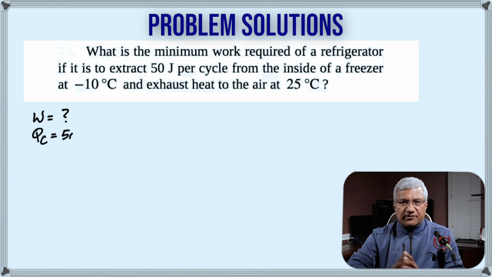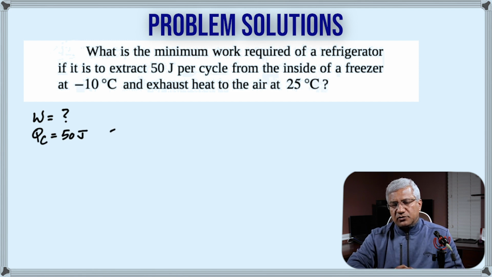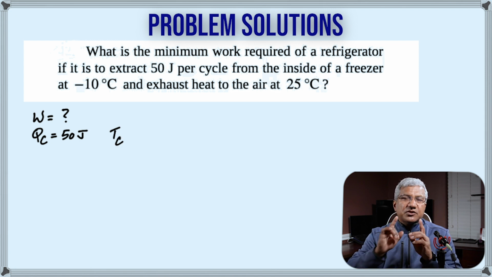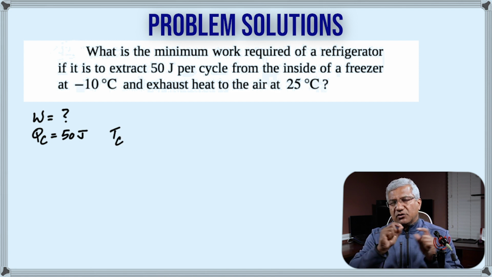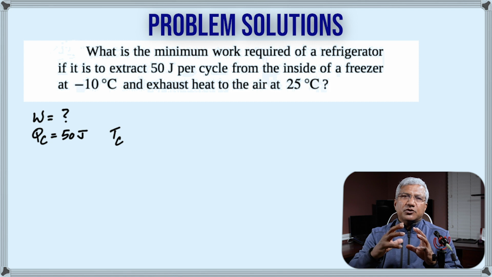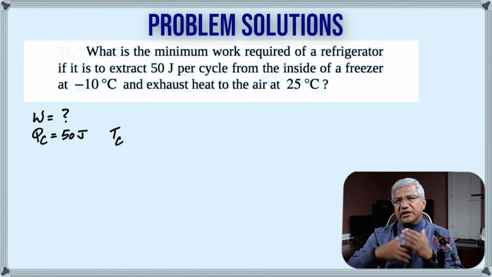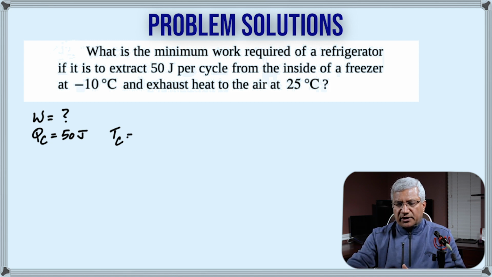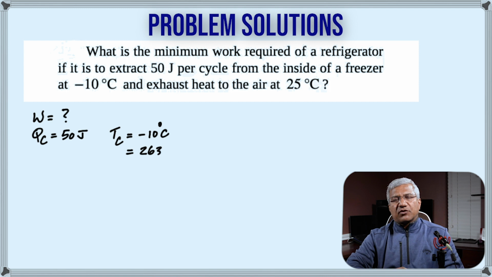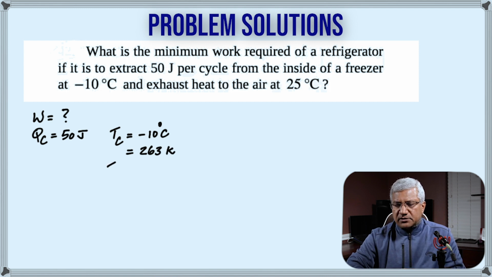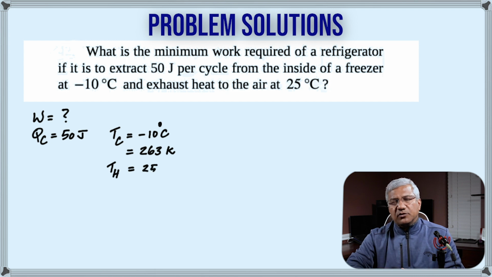QC is what is given. It's 50 joules. So really what is important is to know whether what's given is QC or QH. And in order for you to do that, you should know how each one works. All right. TC is negative 10 plus 273, which gives 263 Kelvin. And TH is 25 plus 273, which is 298 Kelvin.